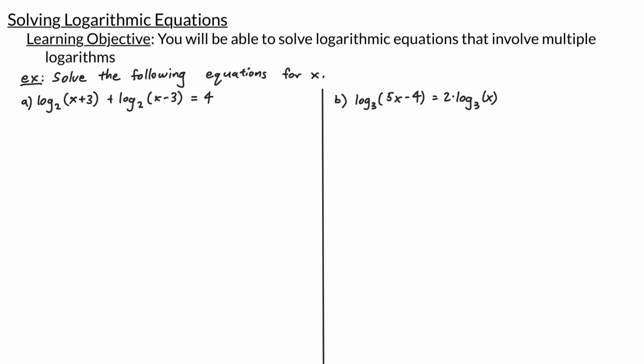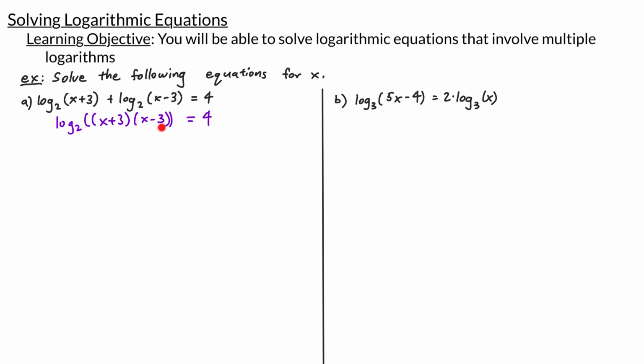And we can do that using the properties of logarithms. Remember that if we have the sum of two logarithms with the same base, then we can combine them together by multiplying what's inside. So we end up with log with base 2 of x plus 3 times x minus 3. And on the right-hand side, this is equal to 4.